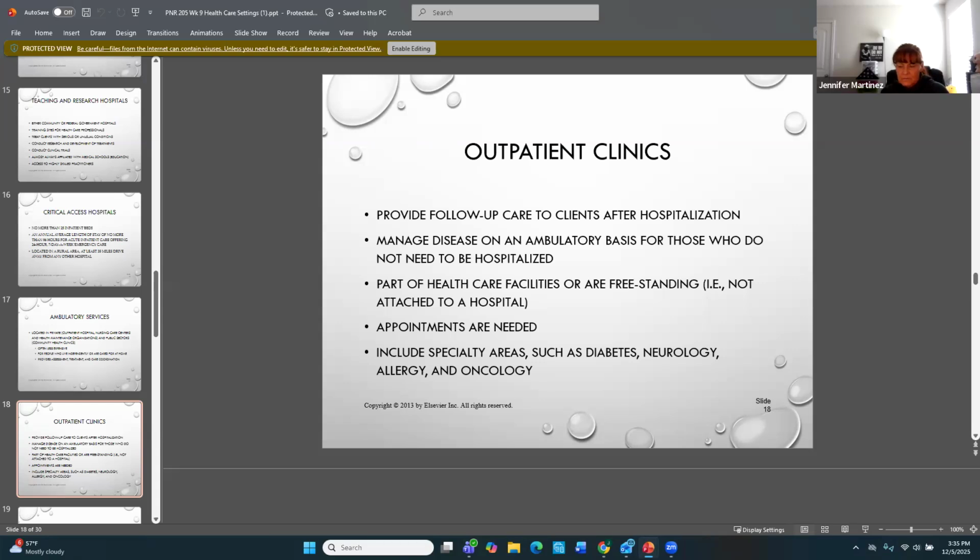Shoot. I can't even think of any of them anymore. But like urgent care centers, that are a little bit different. They're freestanding, and a little bit less of a wait than if you have to go to the emergency room, right?